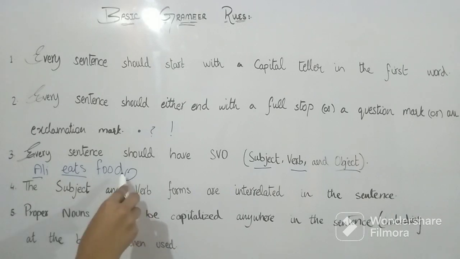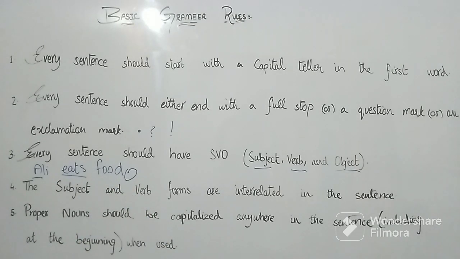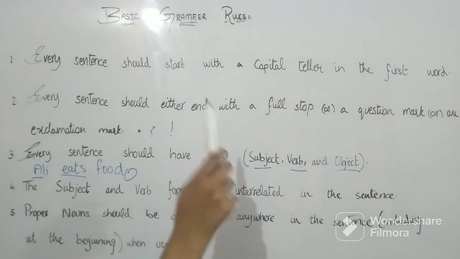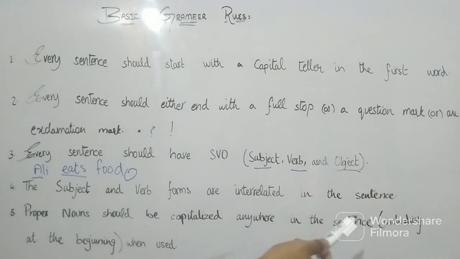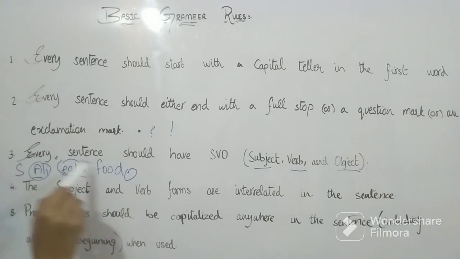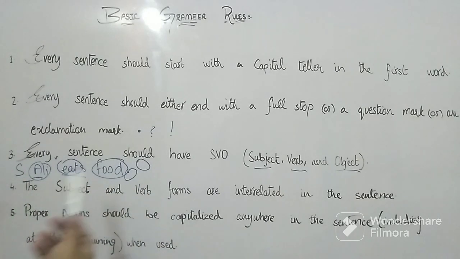So we have a full stop over here because it's a general sentence. And now our third rule, that every sentence should have an SVO, subject, verb, and object. So here we have that every sentence should have subject, verb, and object.